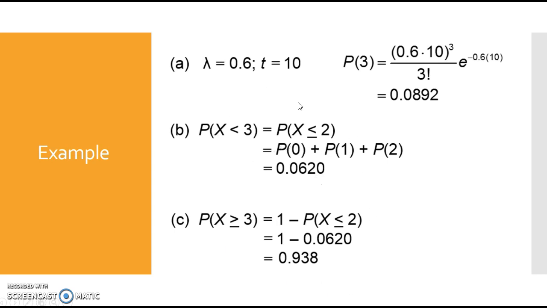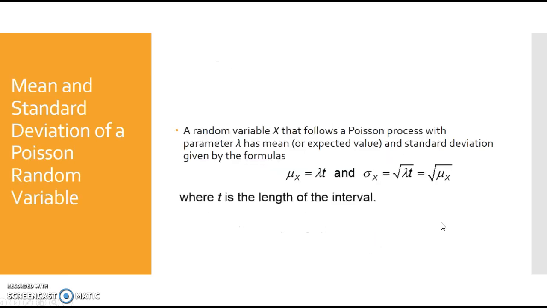This idea looks the same as that example we had in the binomial distribution, in that we can rewrite these probabilities, less than or greater than, to help us solve what we want instead of doing a ton of work. Okay? The mean of a Poisson distribution is lambda times the interval.